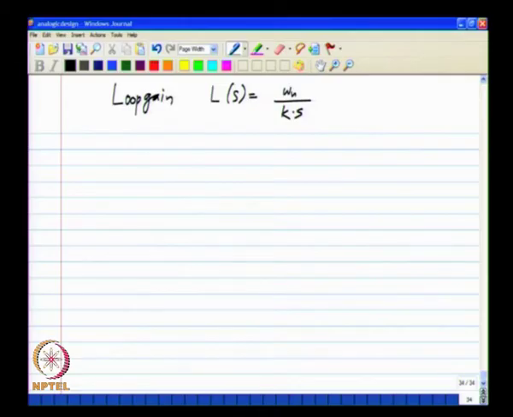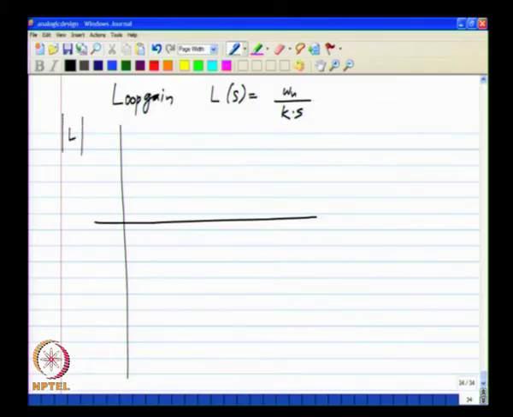And we can draw the Bode plot for this function as well, and this is very easy because this function also denotes integration. The magnitude plot of L, again on a log scale, is a straight line with a minus 20 dB per decade slope.